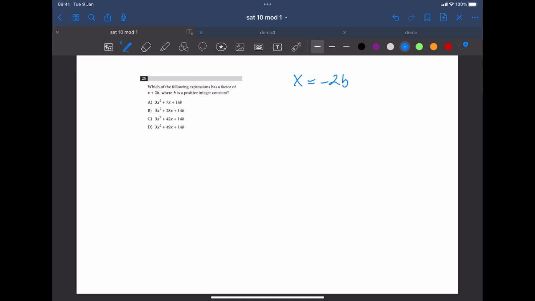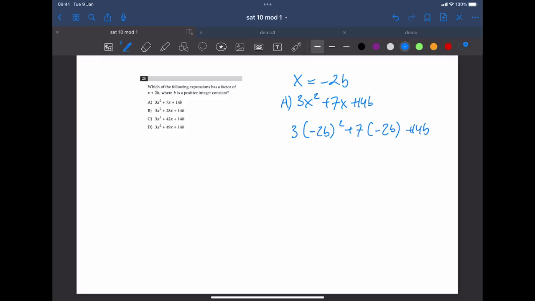So we can just try each answer out. We can start with letter A, sorry about that. We have 3x squared plus 7x plus 14b. Let's substitute negative 2b for all the x's, and we will get 3 times negative 2b squared plus 7 times negative 2b plus 14b.